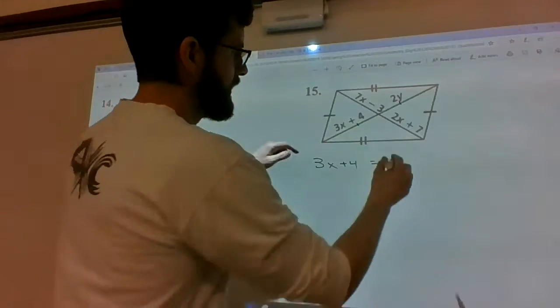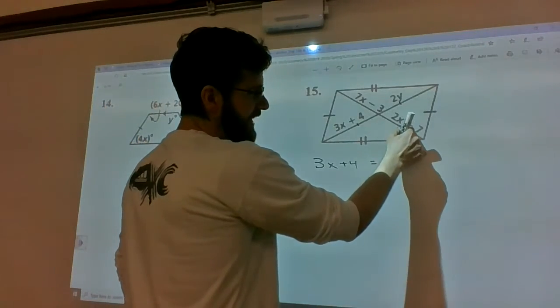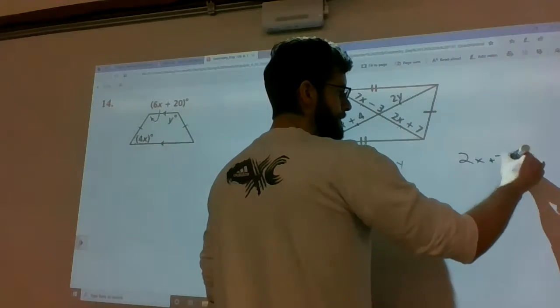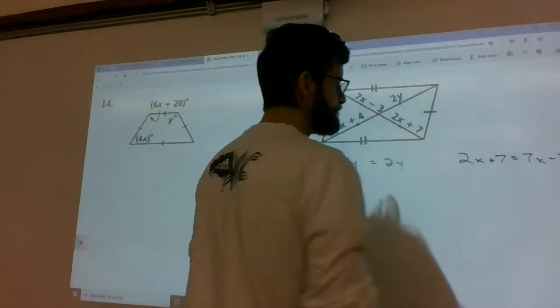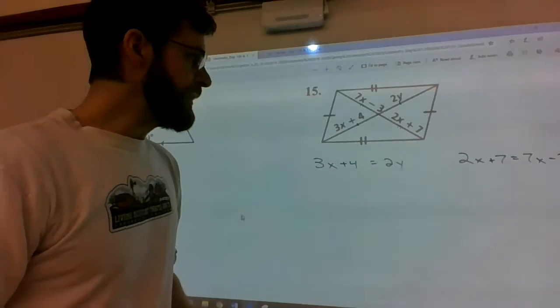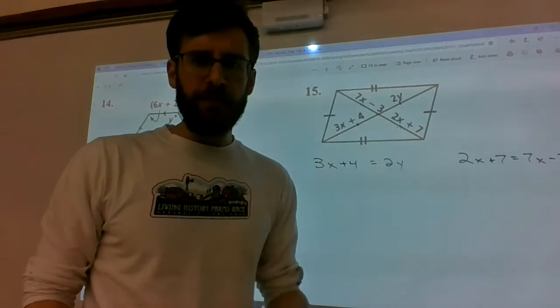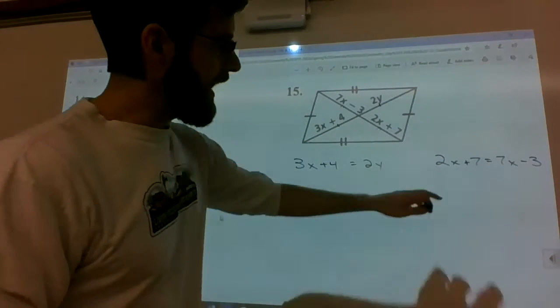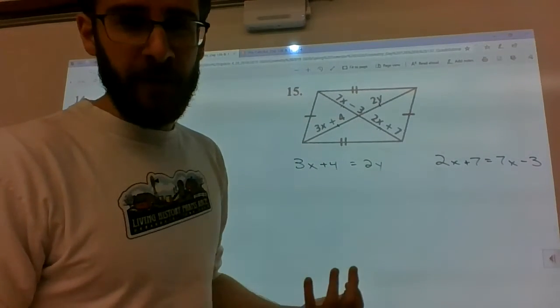And 2x plus 7 must be equal to 7x minus 3. So these two equations, you should be able to solve for both x and y. I would start with the second equation because there's nothing but x's there.